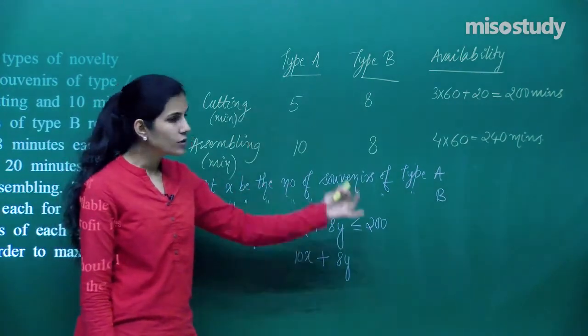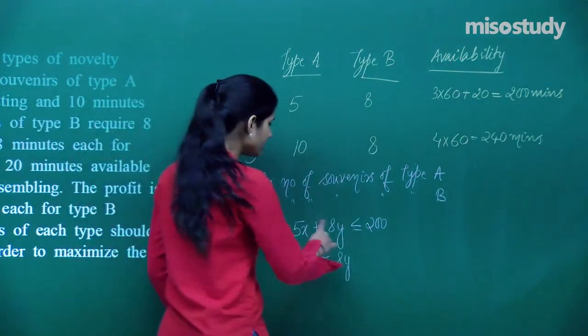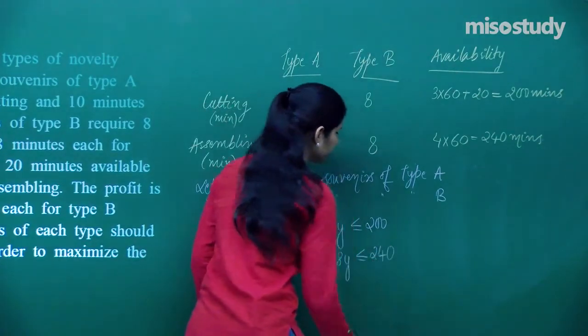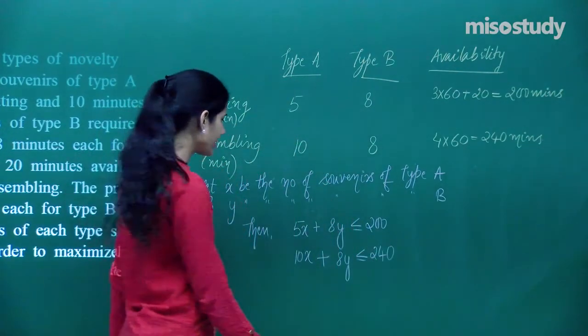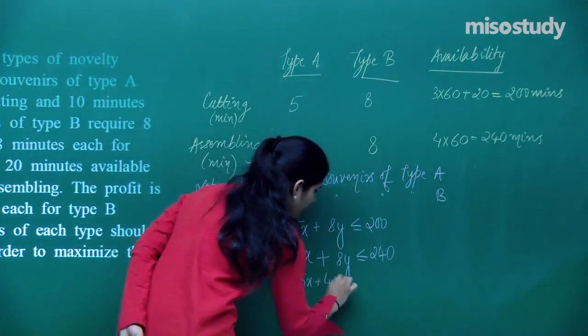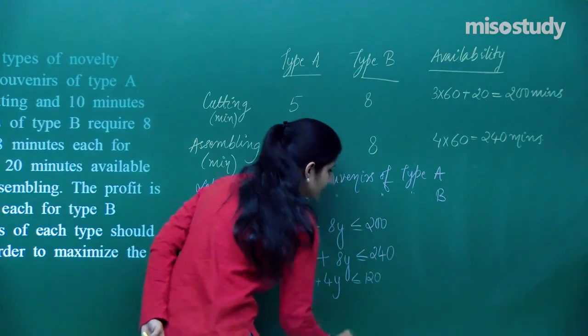But in total I can only invest 240 minutes. So this assembling time should not exceed 240. This is my next constraint. This I can also write as 5x plus 4y is less than or equal to 120.